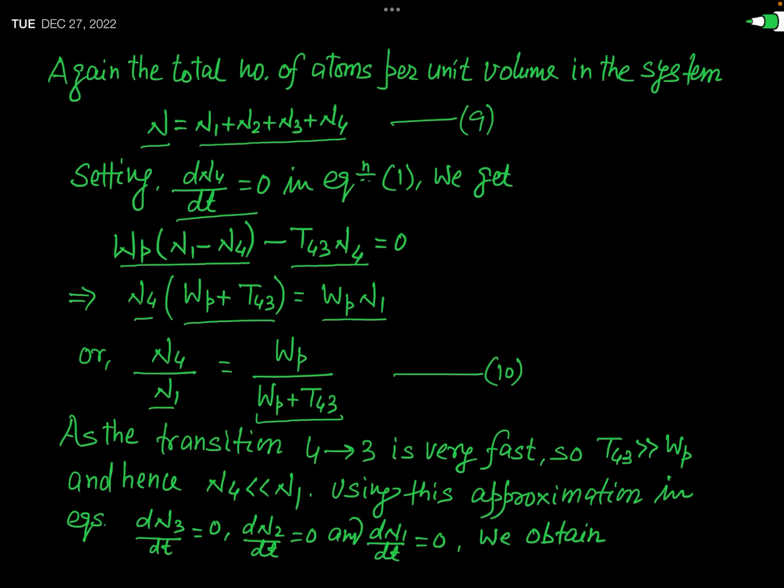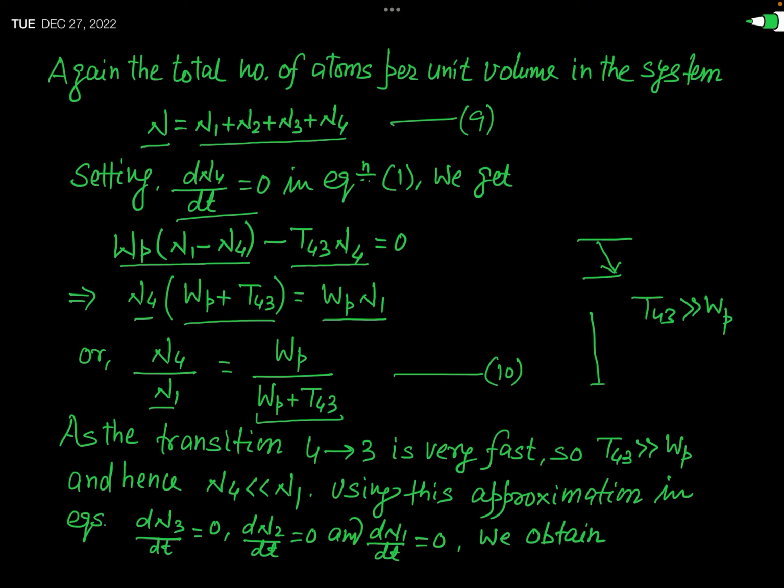Now you know that the transition from the fourth level to the third level is very fast. As that transition is very fast, the relaxation rate T43 must be much greater than Wp, which represents the transition rate from level 1 to 4.